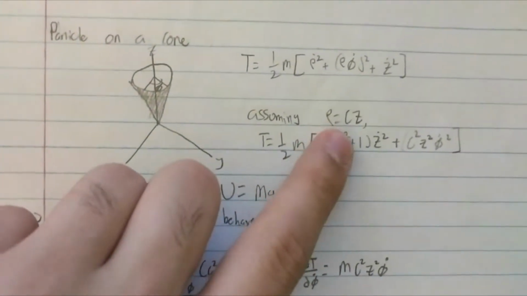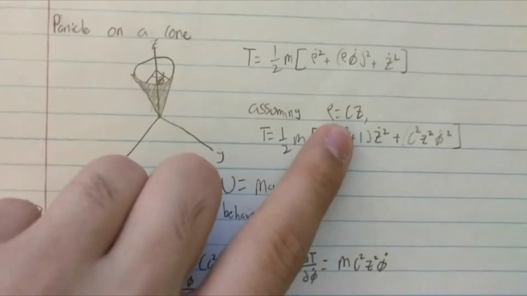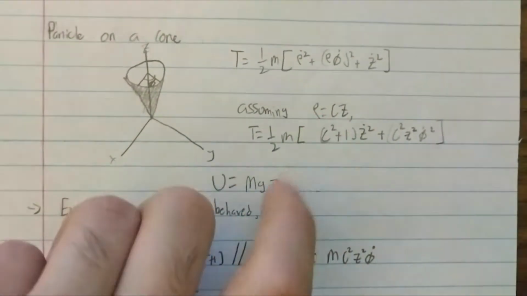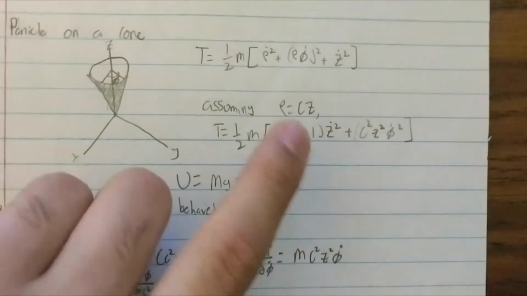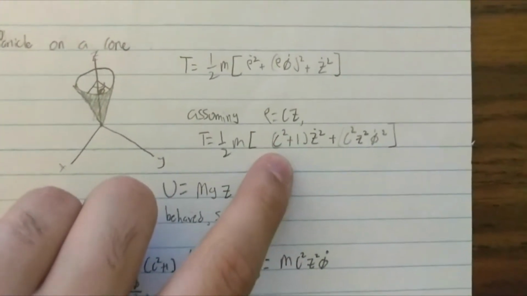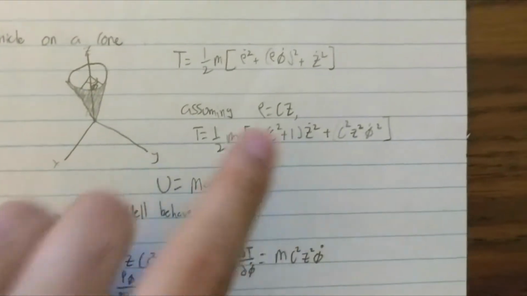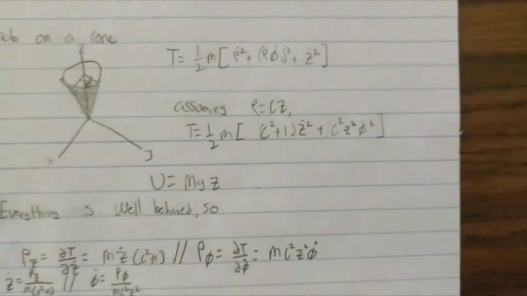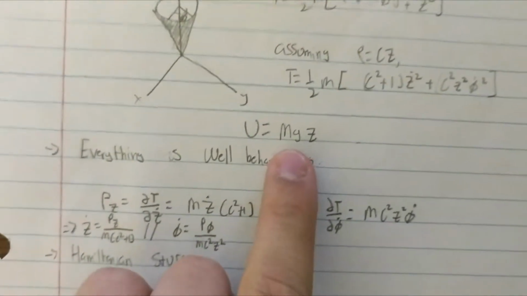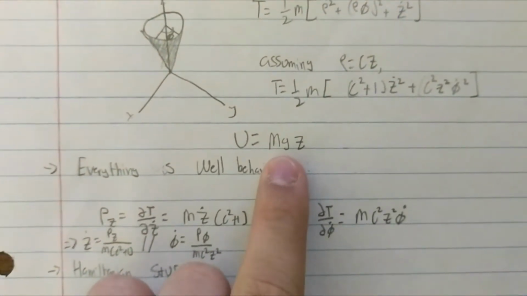And the problem gave that rho changes with z linearly with some constant factor. And so you plug that in, and some algebra brings you here. So this is the form of the kinetic energy in terms of two independent coordinates, z and phi. And then you also have your potential energy, which is mgz.